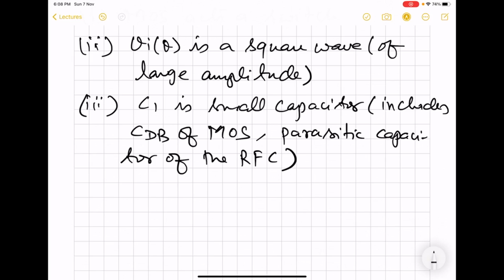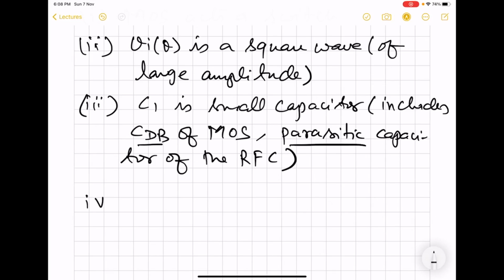Since it is small, so typically at very high frequency, we need not even include any external capacitor C1. These parasitic capacitors, they might be enough to play the role of C1.